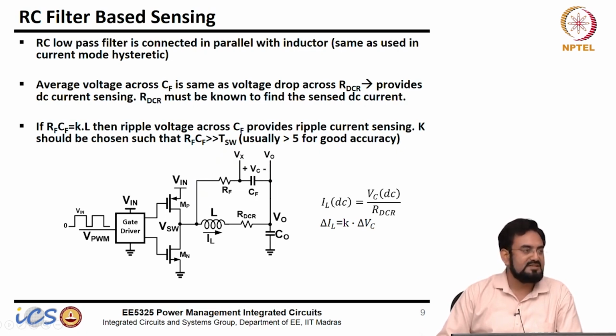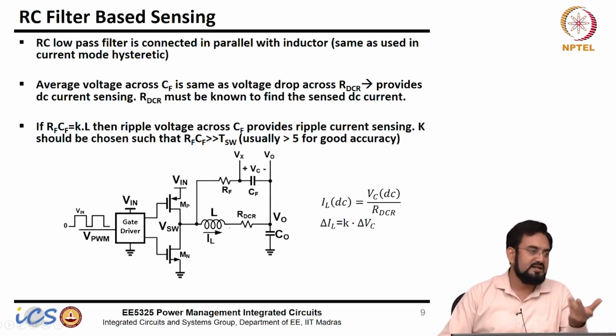There is no loss in this resistor, which means this voltage, if you integrate or pass through a low pass filter, the DC voltage here and the DC voltage V out will give you the difference drop across RDCR. So which means the voltage across the capacitor is nothing but the voltage across RDCR, and if I know RDCR, I can take this voltage difference and divide by RDCR, I can get the DC information, and this ripple Vx will give me the ripple.